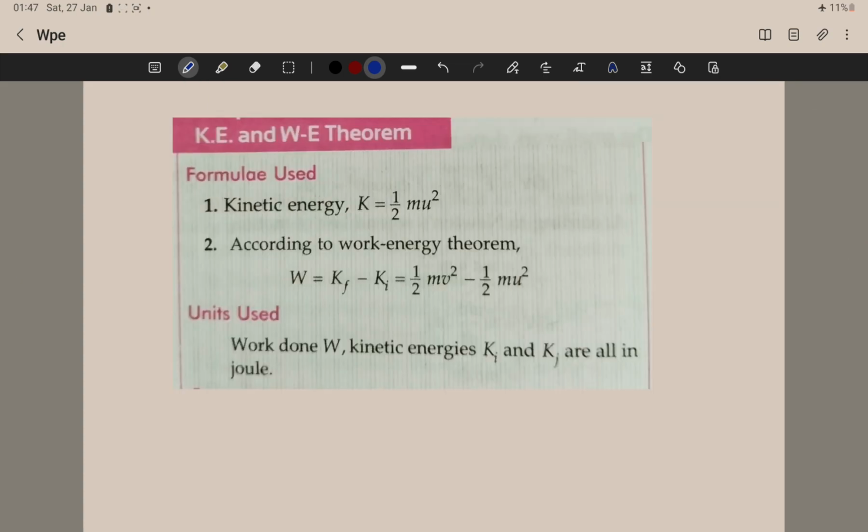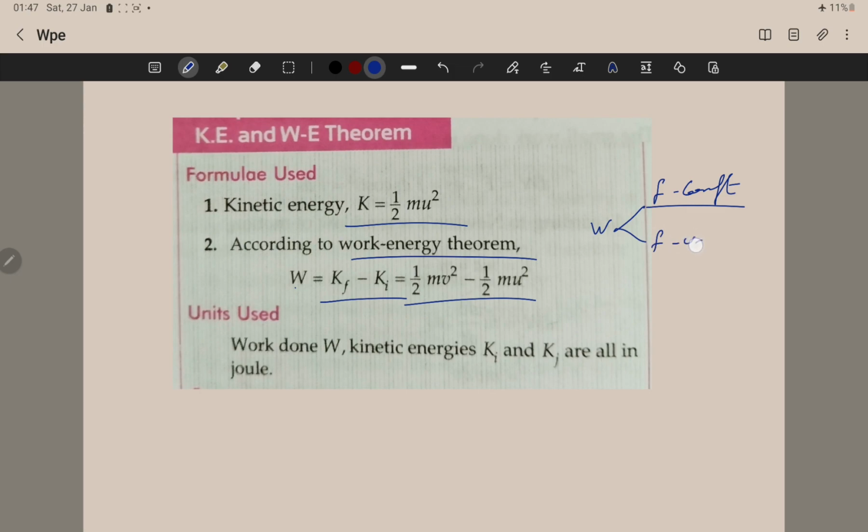So here we have written some formulas in short, the formula of kinetic energy and the work energy theorem. The work is equal to the change in kinetic energy. Now this work we can find in two ways. If the force is constant, we find the work done directly by applying the formula force into displacement.